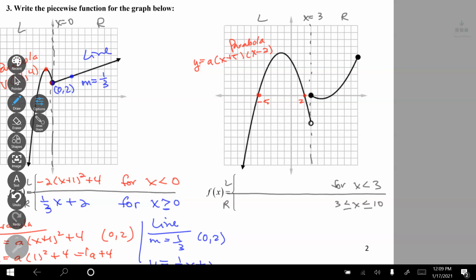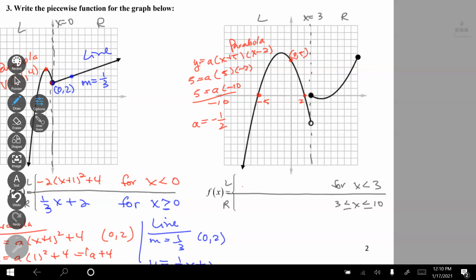And then I see there's another point on this graph right here, and that point is at 0, 5. So now I could write 5 equals a, plug in 0, (5)(negative 2), 5 equals a times negative 10, divide by negative 10. I get a equals negative 1/2, and I better get a negative. This is a concave down parabola.